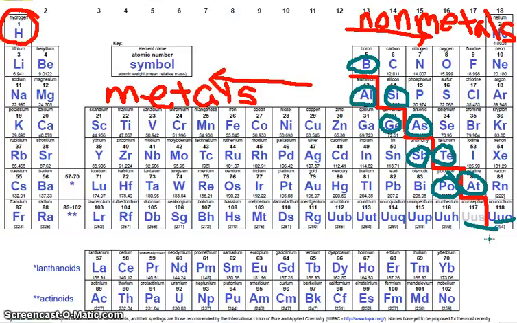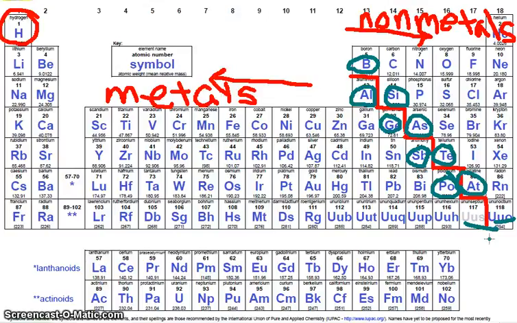Something like sulfur tends to be a solid at room temperature. So these are not shiny metals, so therefore nonmetals tend to not have luster. They tend to not be ductile. They're not malleable. Sort of the opposites of what we just talked about with metals.